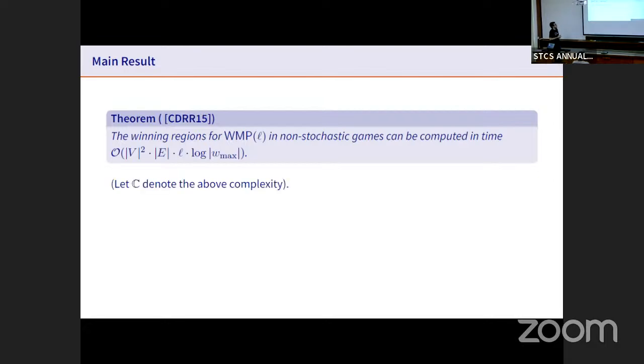Let this be denoted by C. Then computing the positive winning region of player 1 can be done in V times C, because a call to the non-stochastic version is made at most V times, because our algorithm runs at most V times.